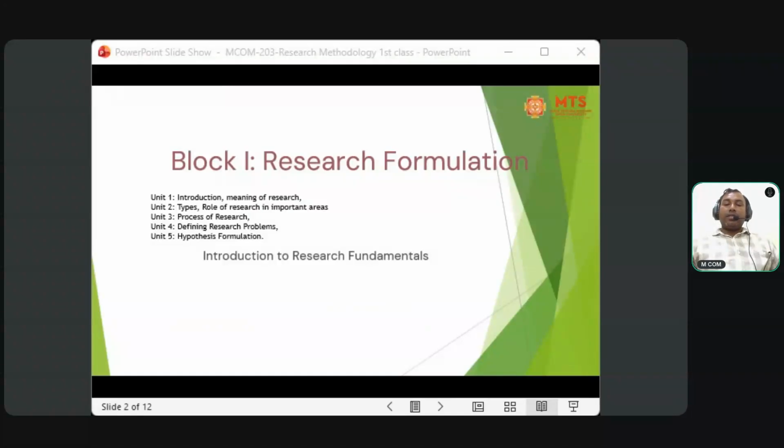Subjective interpretation, exploration of context, and small sample sizes are the features of qualitative research. Okay, quantitative research and qualitative research. And there are so many other types of research: analytical, descriptive.